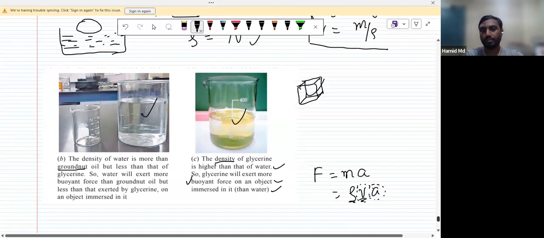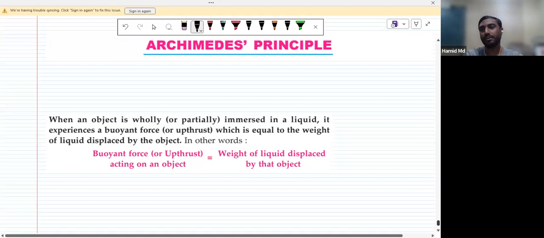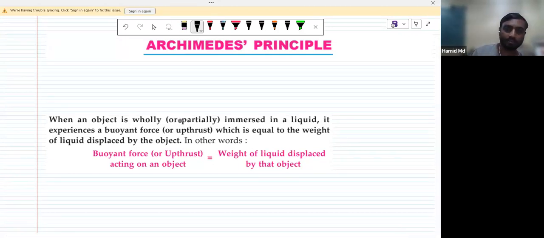This was one of the reasons, and what we studied is a summary of our class. This one is the Archimedes principle, which says that when an object is wholly or partially immersed in a liquid, it experiences a buoyant force or upward thrust, which is equal to the weight of the liquid displaced by the object.